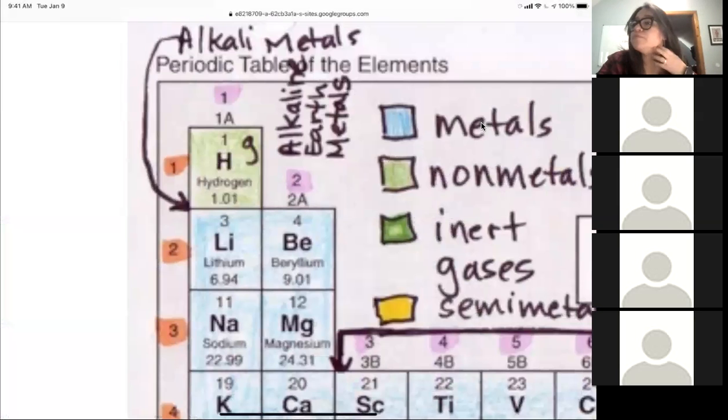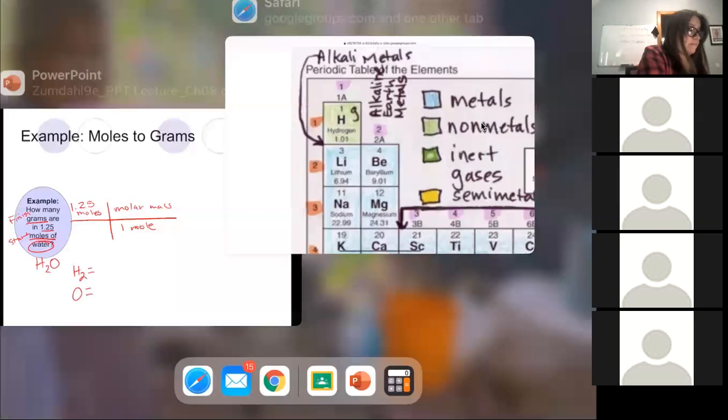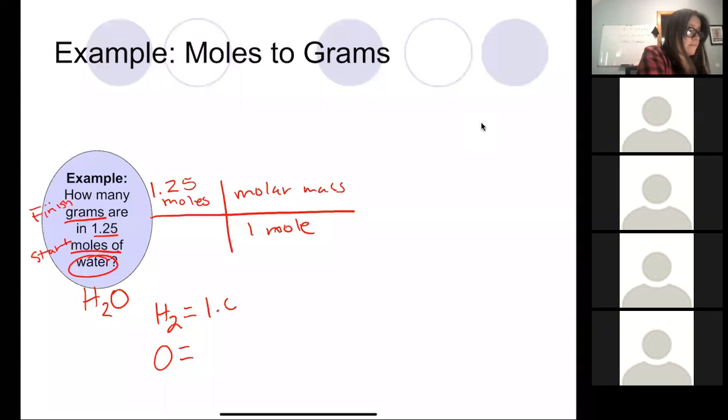What is the mass of hydrogen? 1.01. And we have 2 hydrogen.